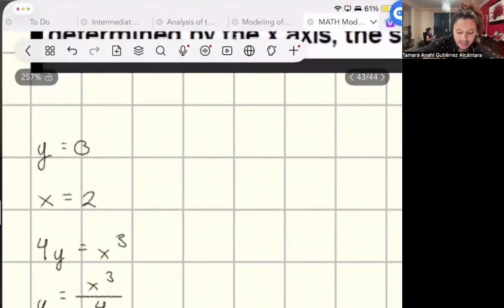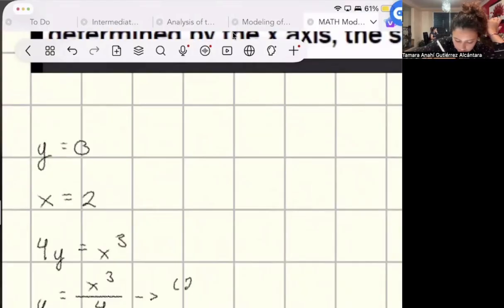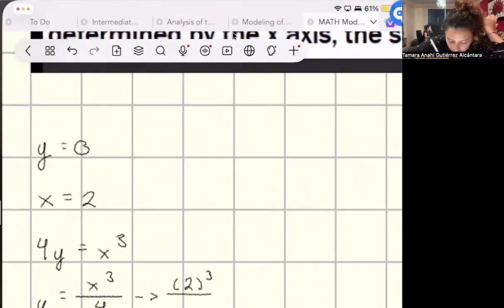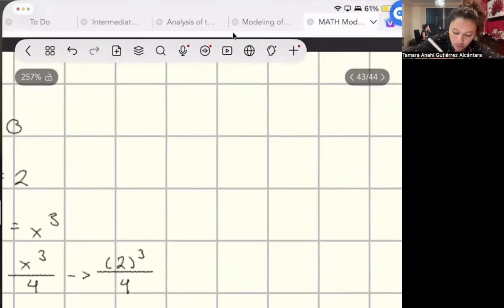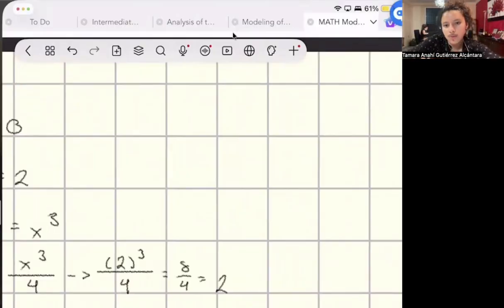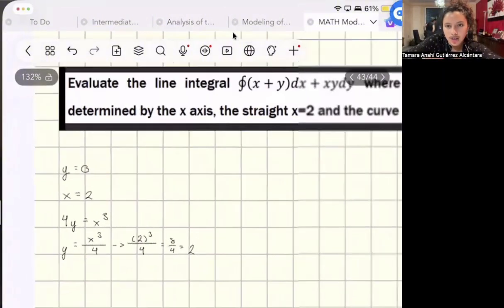This is simply because x is substituted by 2, so it's 2 cubed over 4, and 2 times 2 is 4, times 2 is 8. 8 over 4 is 2. So this is why it's 2, 2.